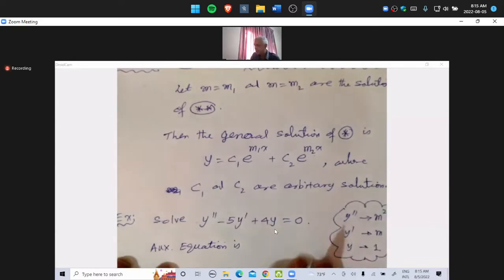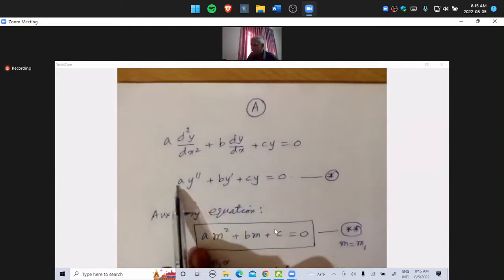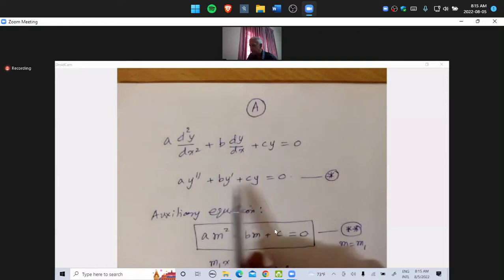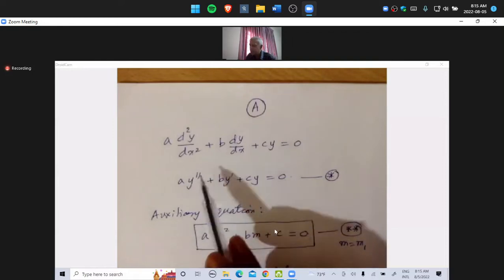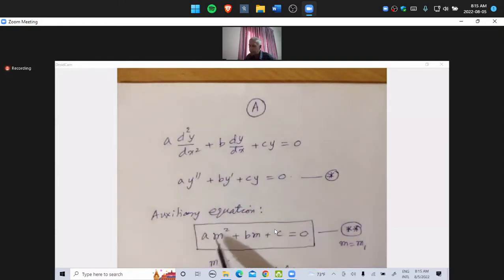Can somebody tell me the auxiliary equation for this? Earlier, if it is a y double dash plus b y dash plus c y equal to 0, instead of y double dash, we put m squared, y dash we put m, y we put 1. So the auxiliary equation is a m squared plus b m plus c.